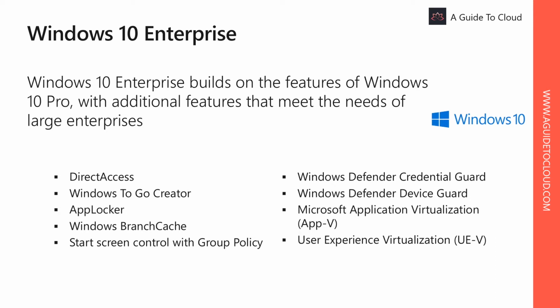Start screen control with your group policies will let you manage user access. Credential Guard and Device Guard let you secure your Windows 10 from any sort of external or internal vulnerabilities. App-V lets you virtualize your applications, and UE-V lets you virtualize your user experience and roaming profiles, etc.